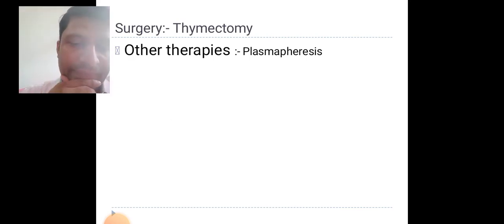Next, we'll see the management. The management includes drug therapy. The drug therapy for myasthenia gravis includes anticholinergic drugs, alternate corticosteroid therapy, and immunosuppressive therapy. Anticholinergic drugs are aimed at enhancing the function of the neuromuscular junctions.